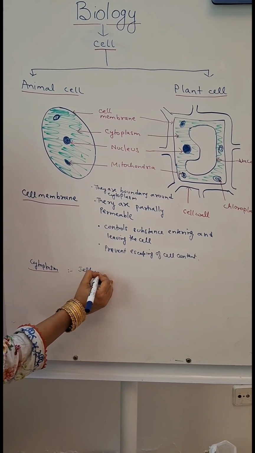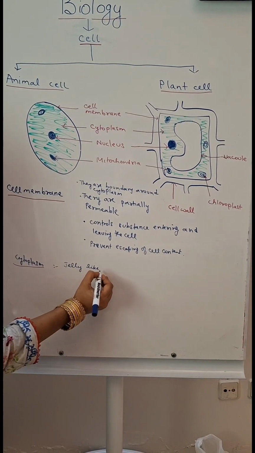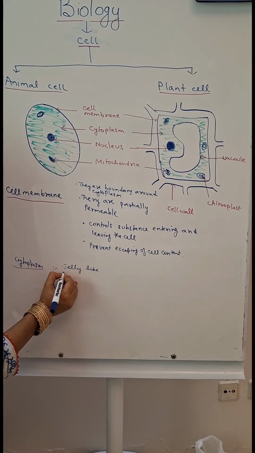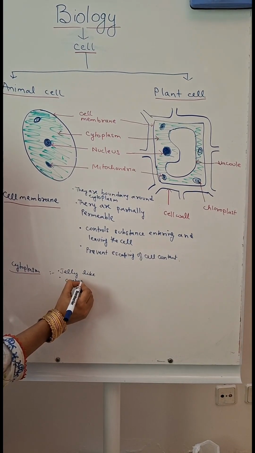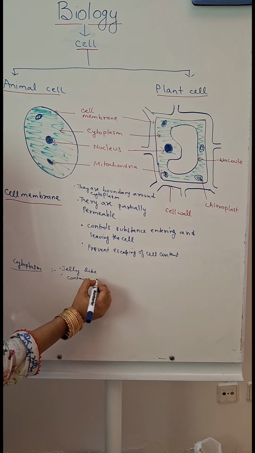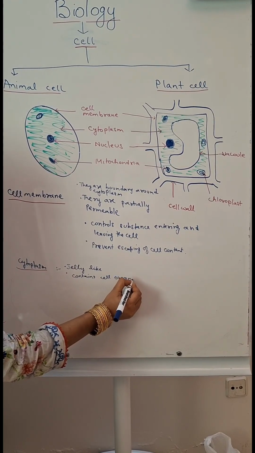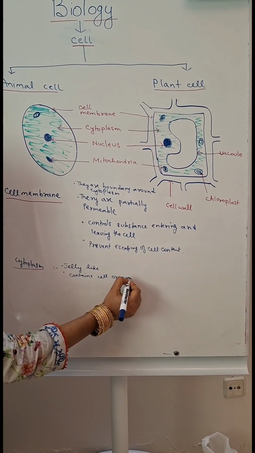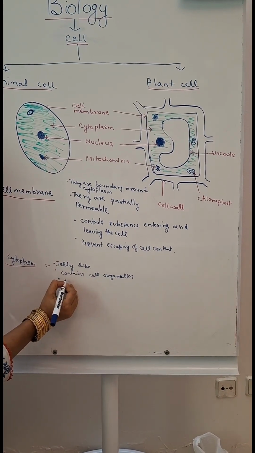What is cytoplasm? It is a jelly-like substance, and it contains cell organelles.